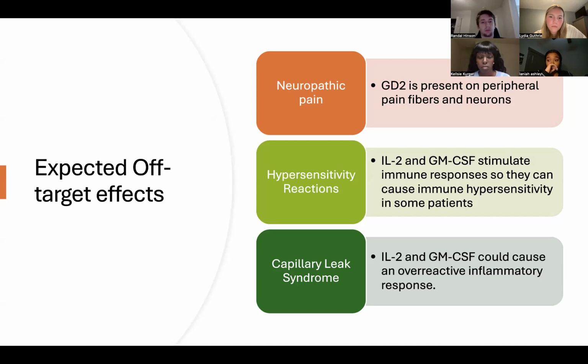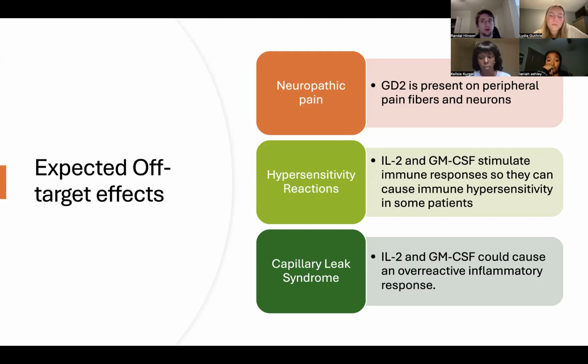There's also hypersensitivity reactions and capillary leak syndrome, which aren't really linked to the binding of GD2 by the monoclonal antibody. Those are more linked to other stuff given with dinutuximab the majority of the time, which is the cytokine IL-2 and granulocyte-macrophage colony stimulating factor.